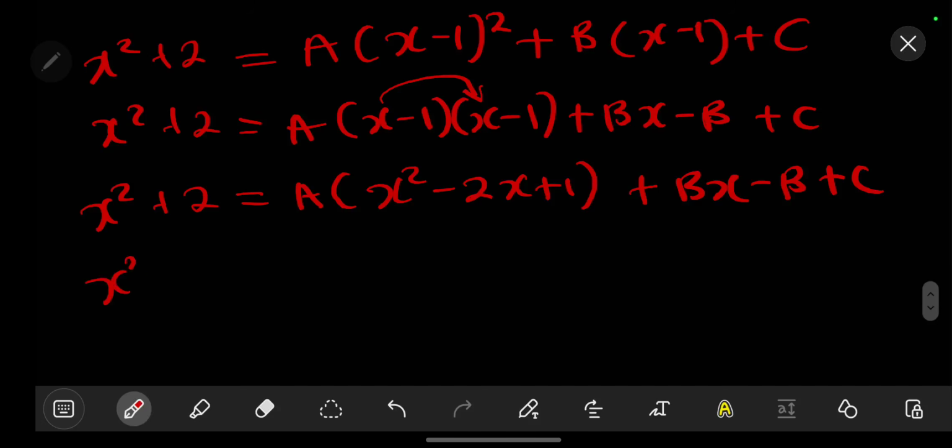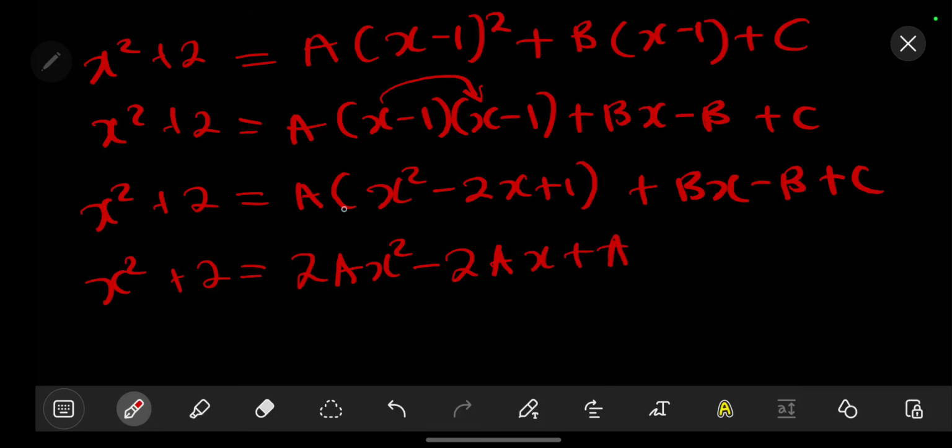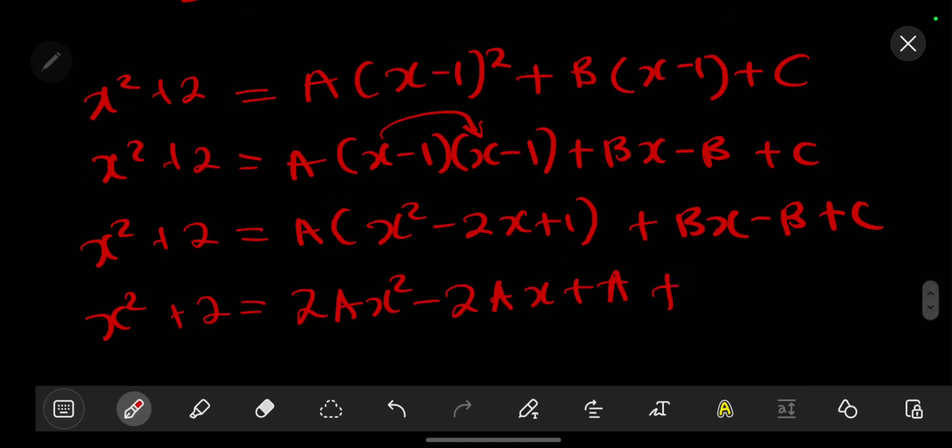So we are going to have x squared plus 2 should be equal to 2ax squared, then we have minus 2ax, then we have plus a, if we multiply everything like that, then we have plus bx minus b plus c like that.